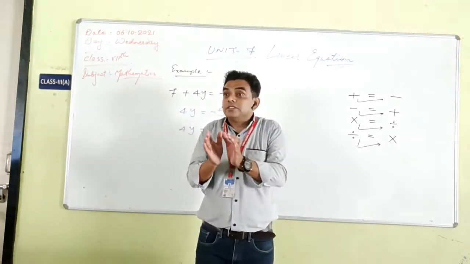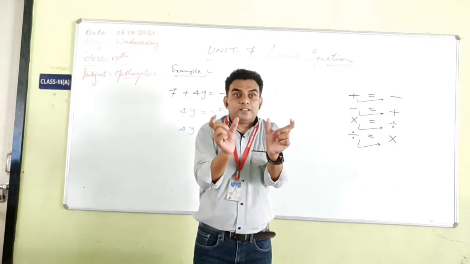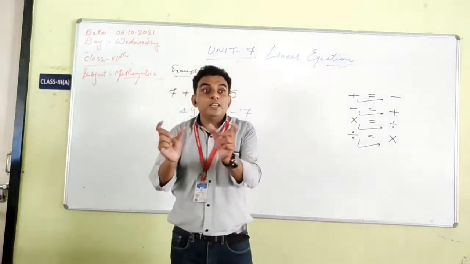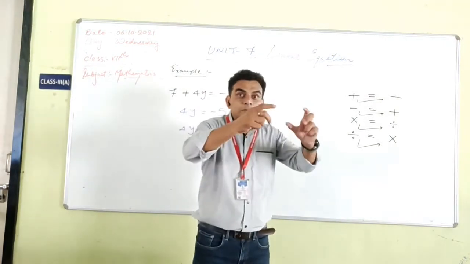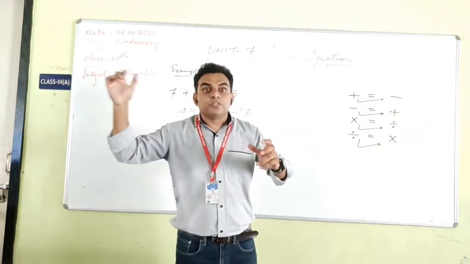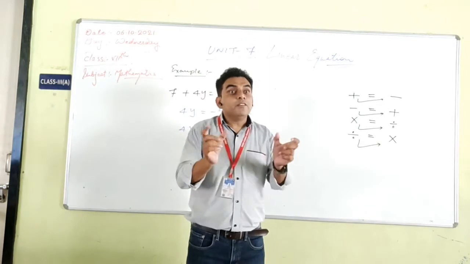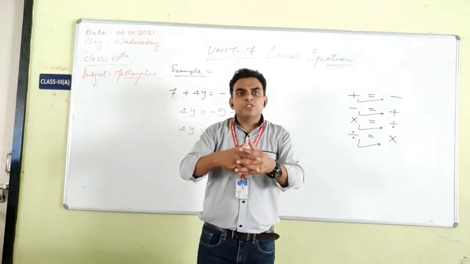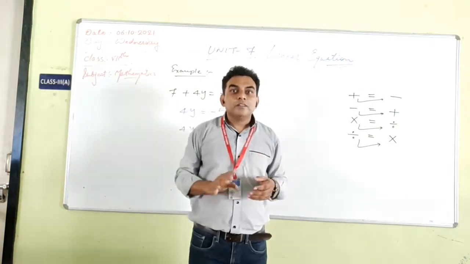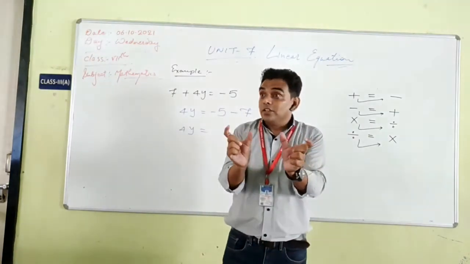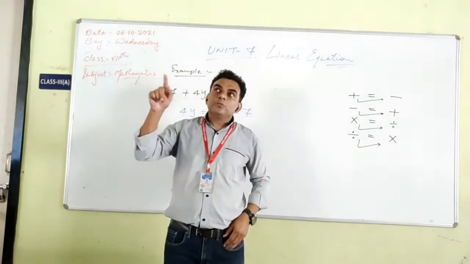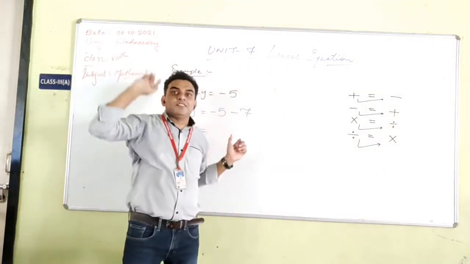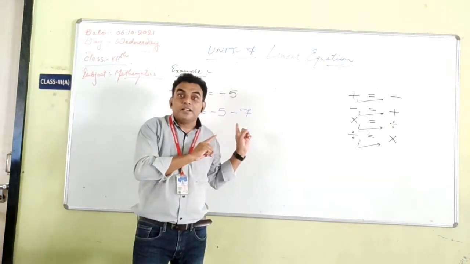You can only say that whenever equal signs are multiplied with each other, the answer will be positive. And whenever different signs, you can say unequal signs, are multiplied with each other, the answer will be negative. This is the simple concept of mathematics. Here you can see minus minus, you say plus. This is the mistake related to that.